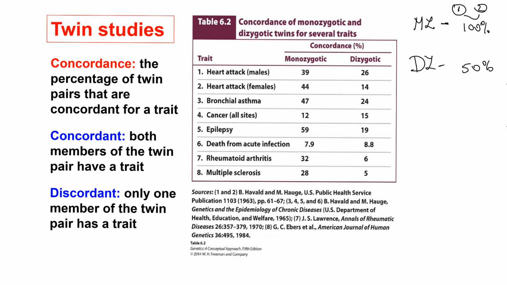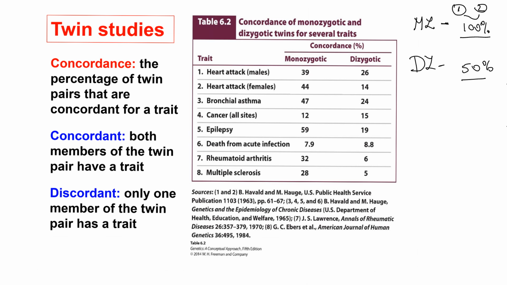So monozygotic twins have 100% genetic similarity, dizygotic twins approximately 50%. How do we use this information to study the influence of genes and environment on the inheritance of certain traits? You look at monozygotic and dizygotic twins, and you look at concordance and discordance.